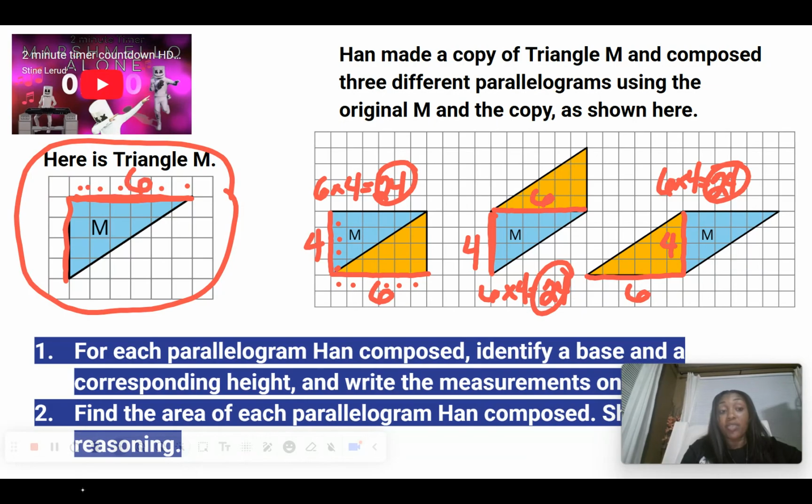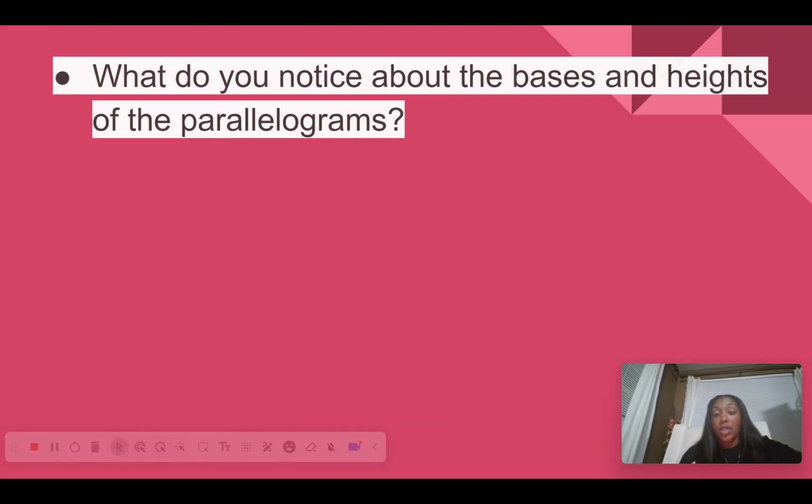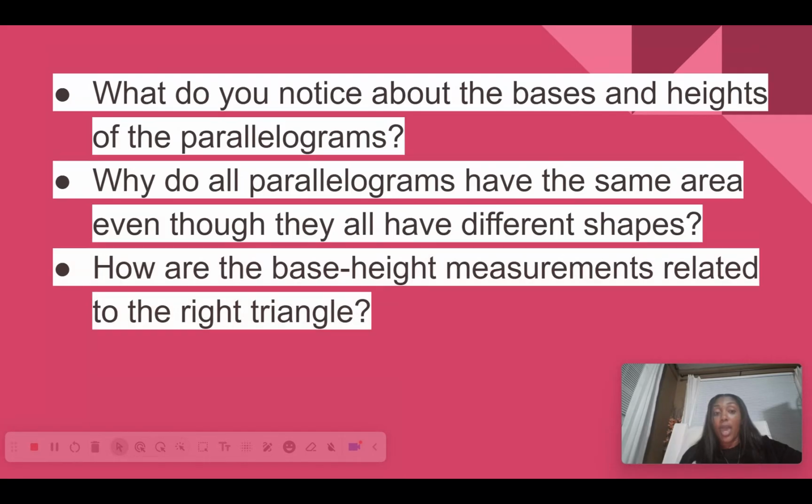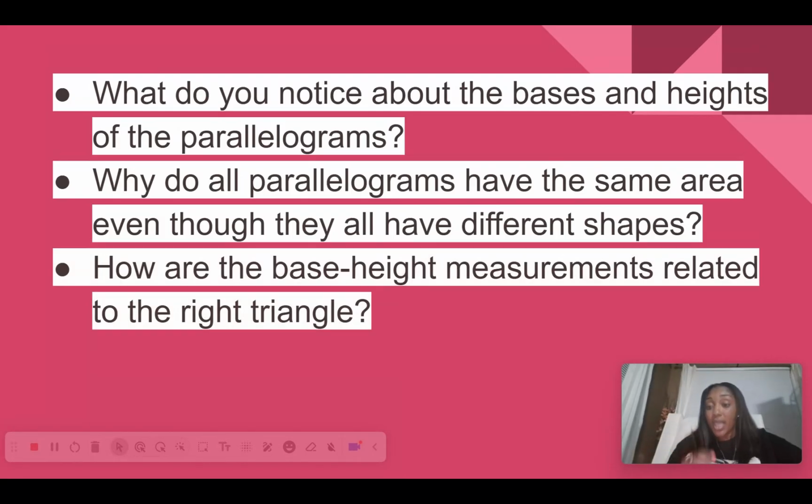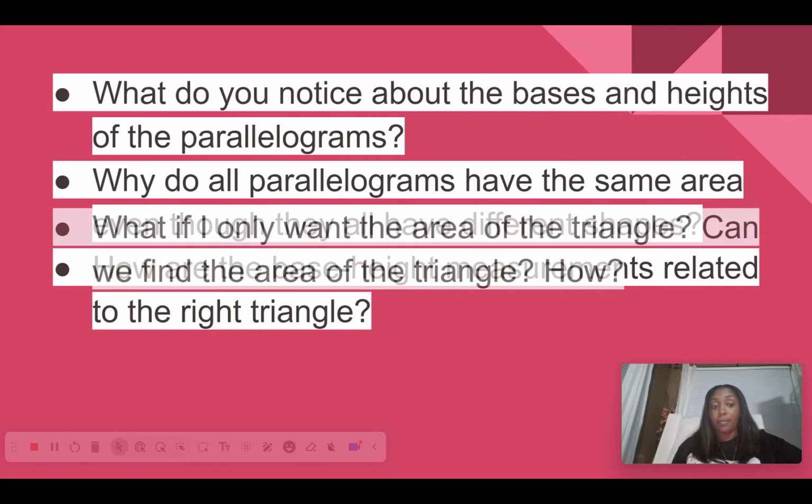So the base of just that triangle is 6, and the height is 1, 2, 3, 4. So the base and the height of the triangle is also 6 and 4, and the base and height of the parallelogram is 6 and 4. So the parallelogram and the triangle have the same base and the same height.